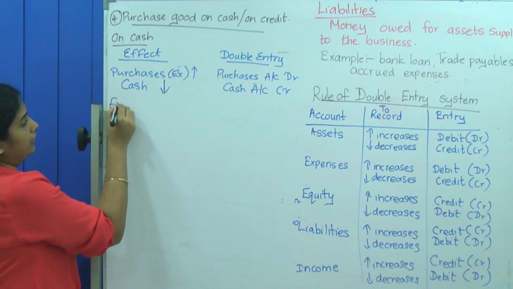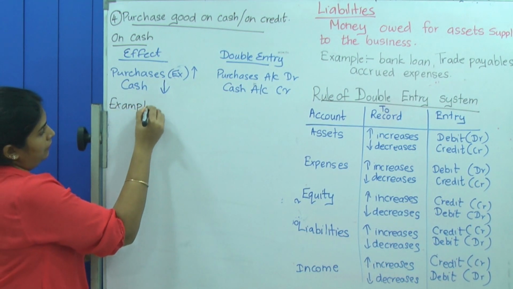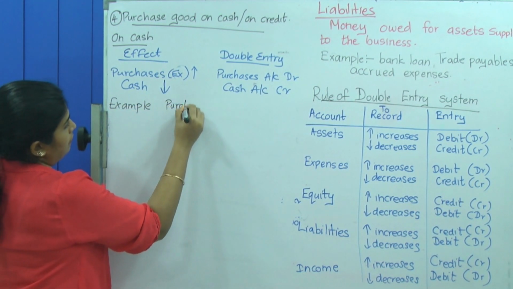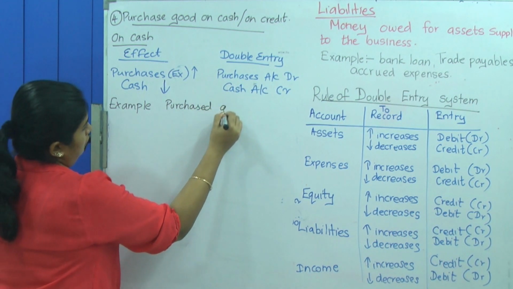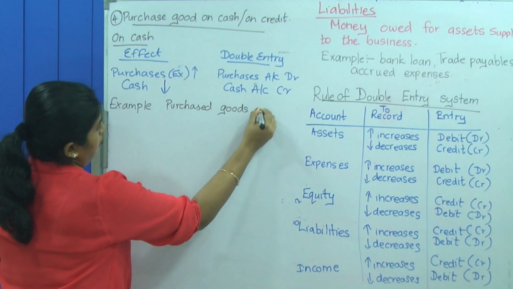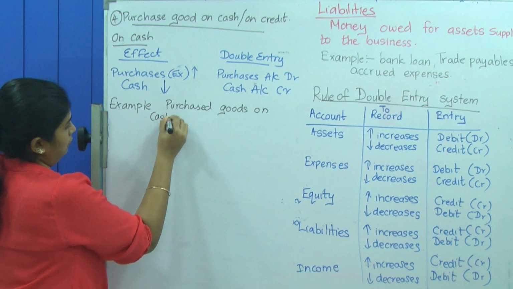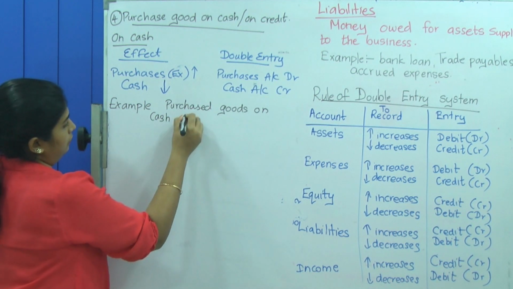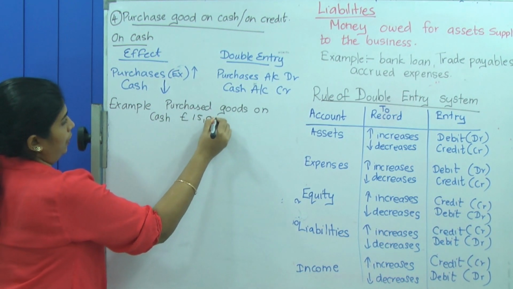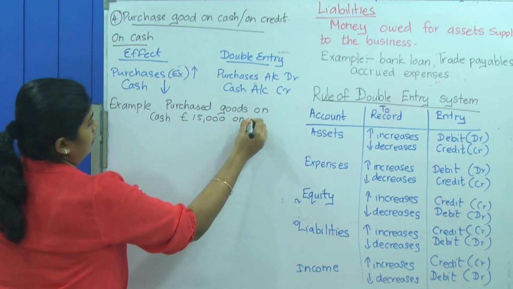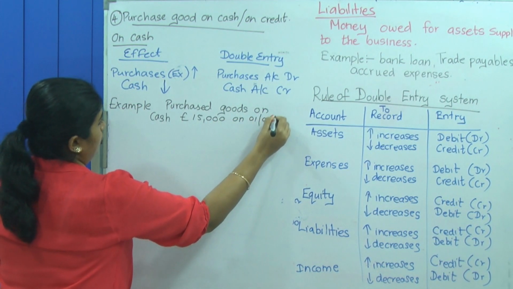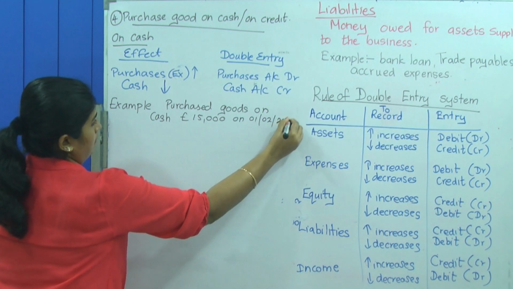For example, purchased goods on cash, $15,000 on 1st of February 2010.